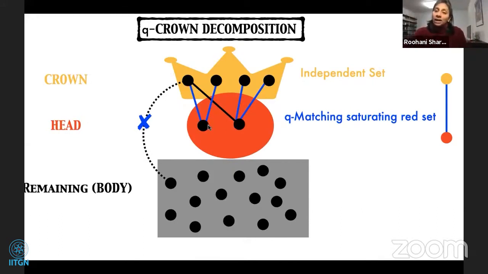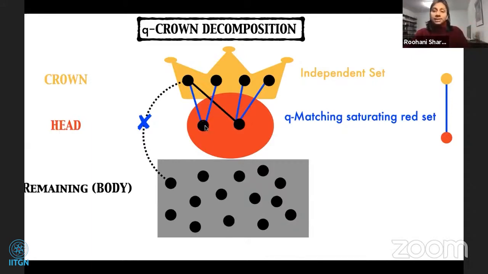The crown decomposition asks us to give a matching saturating the vertices of the red set, the vertices in the head. But the expansion lemma asks for something more. It asks for something called a q-matching or a q-expansion, and that is as follows.